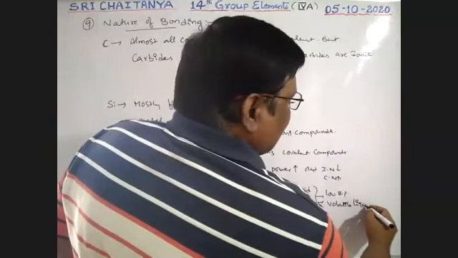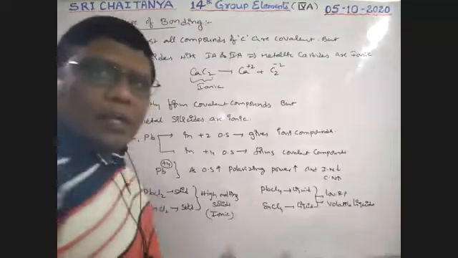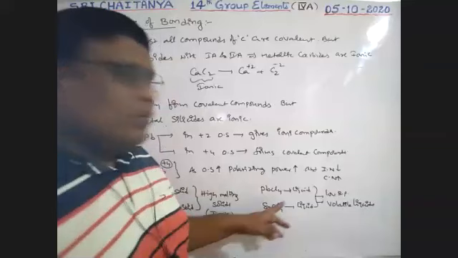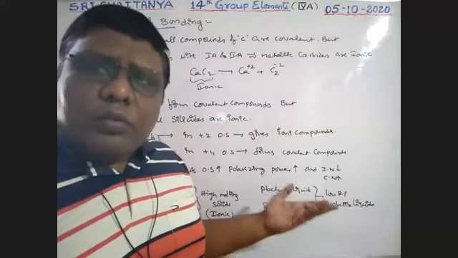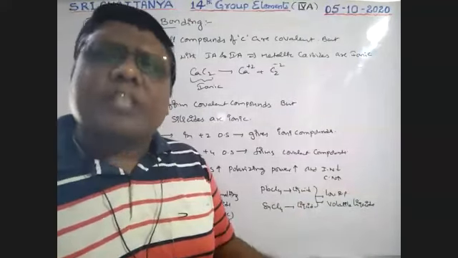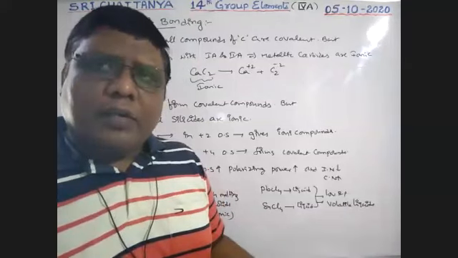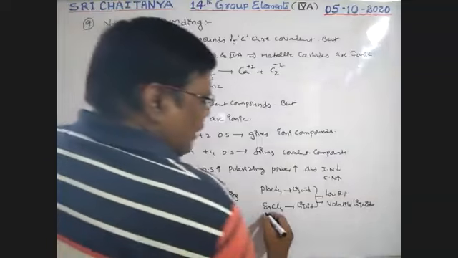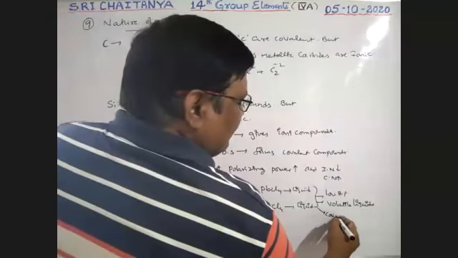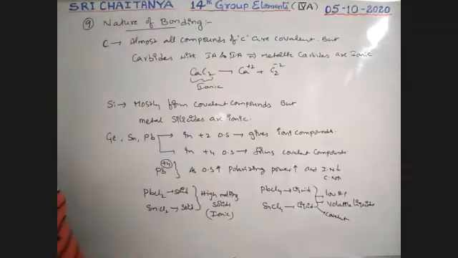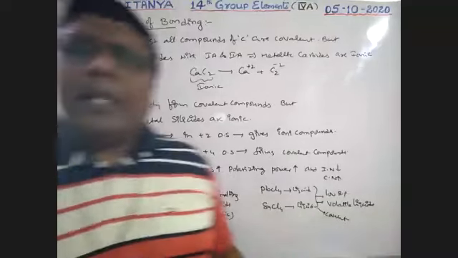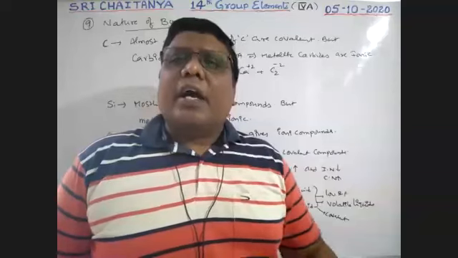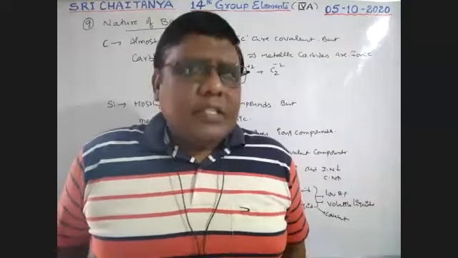Volatility means easy to evaporate, easy to convert into the gaseous state. Covalent compounds are generally gaseous or volatile. That is why these two compounds are covalent in nature. That means at higher oxidation state we get covalent compounds, and at lower oxidation state ionic compounds are possible. This is about the nature of compounds.